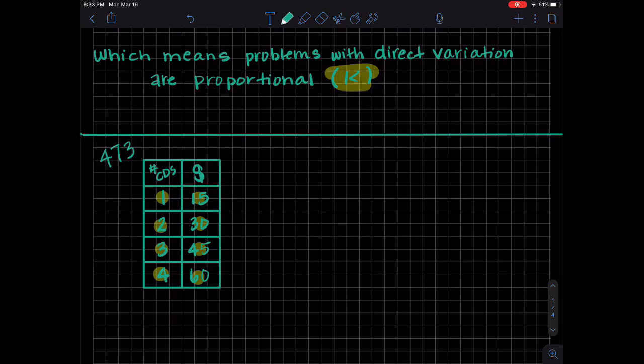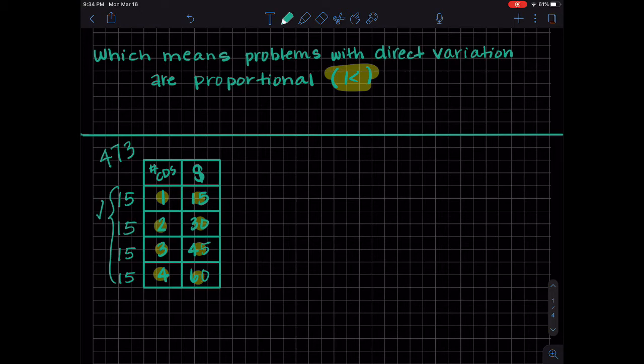If we take 15 divided by 1, we get 15. 30 divided by 2 is 15. 45 divided by 3 is 15. And 60 divided by 4 is 15. So this meets characteristic number 2.